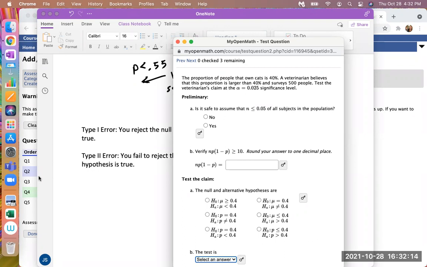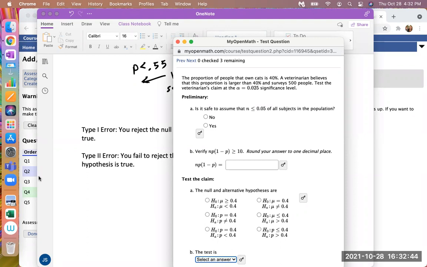I don't know if they're talking about people who own cats at his veterinarian's office, or in the state of California, or in the United States. He should state his population of interest very clearly, and they should actually give us the number in the population of interest, but they don't.